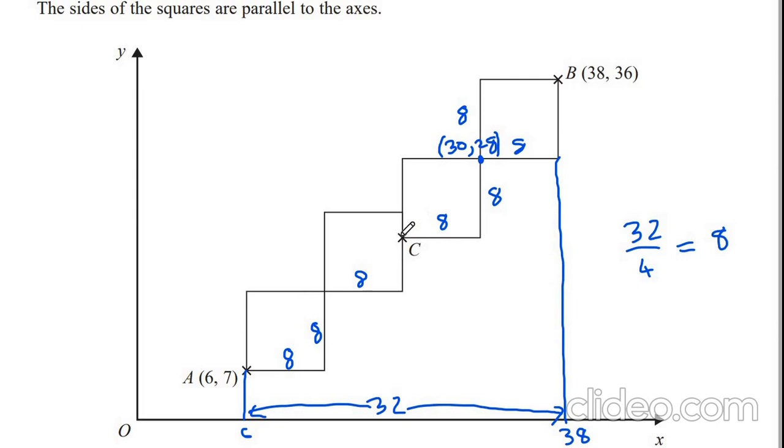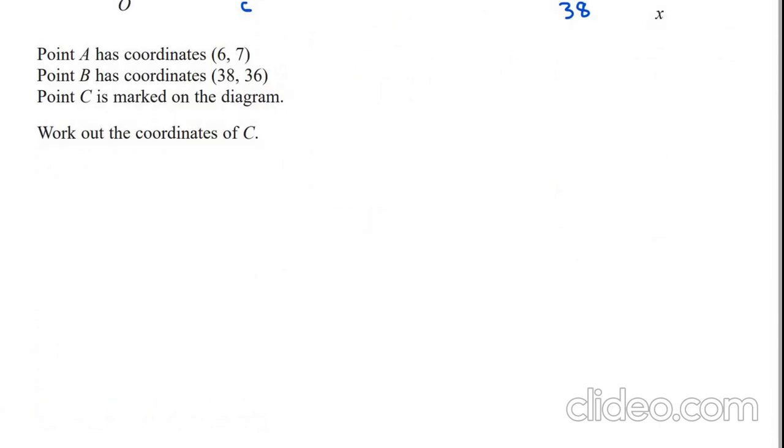And so similarly, the coordinates of C will be 30 take away 8 and 28 take away 8. So that is going to be 22, 20. Coordinates of C is 22, 20.